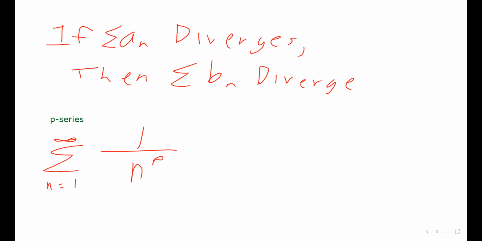Now we will converge for p being greater than 1, and we will diverge for p being less than or equal to 1. Do it this way. Less than or equal to 1.